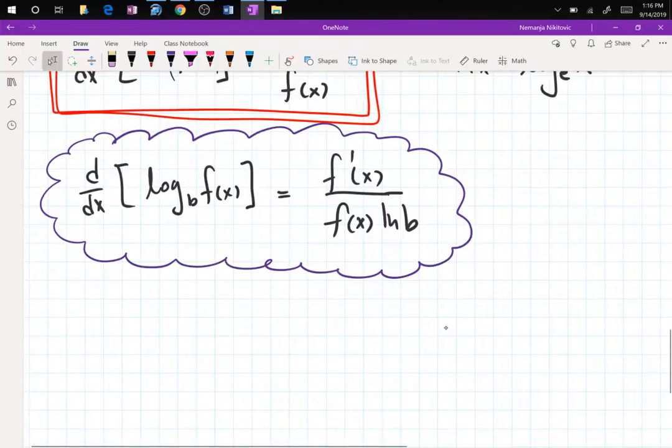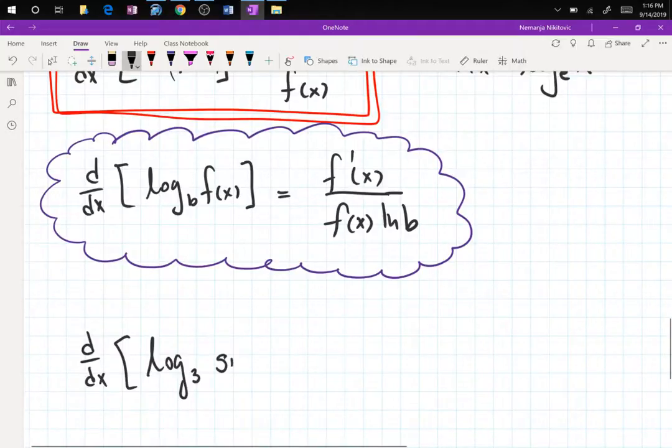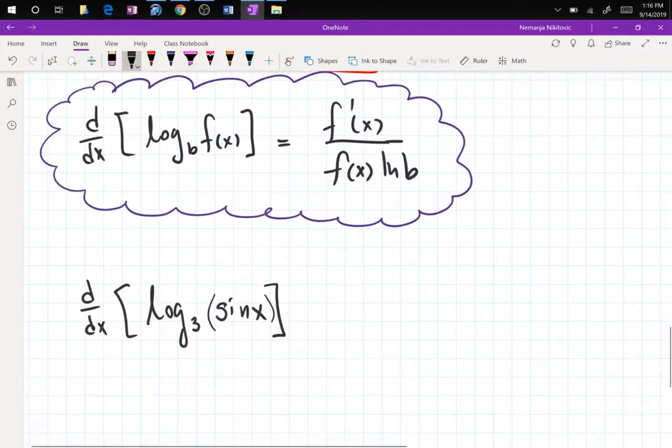So say you have the derivative of log base 3 of, let's say, sine x. Let's say you're trying to make it terrible. Well, the derivative is: take the function as is and put it in the denominator, and that's your sine x.